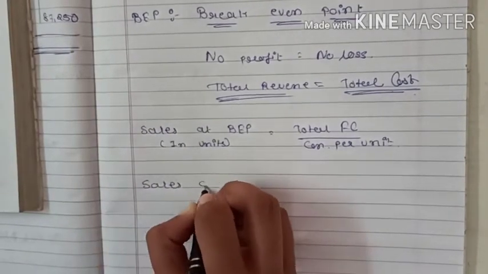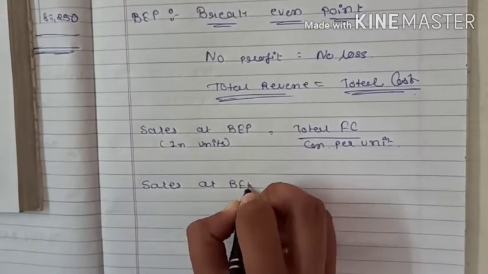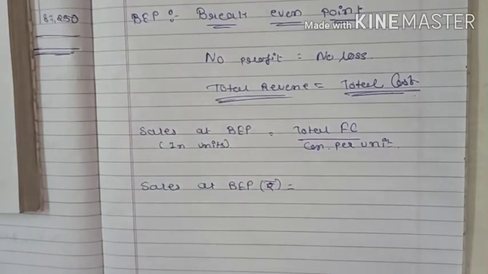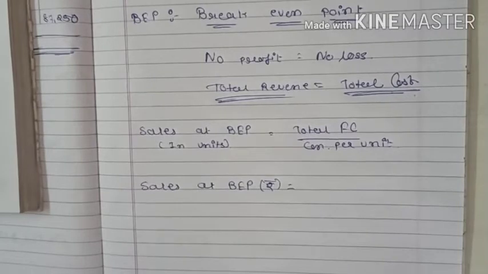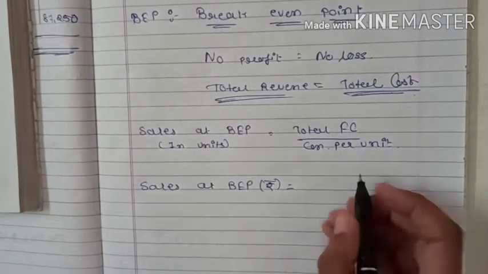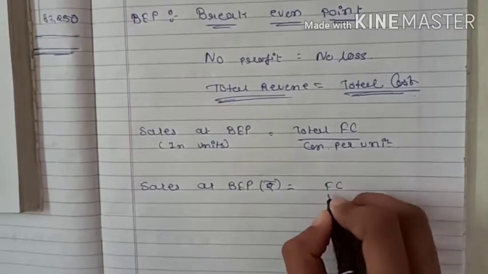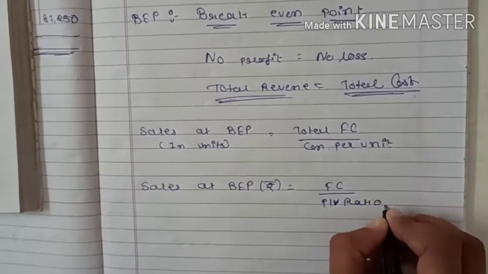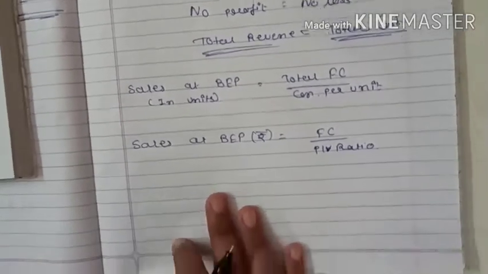Now, sales at BEP in rupees. How much amount of sales will be needed to reach the BEP? Then the formula would be fixed cost divided by PV ratio. Now, what is the PV ratio?